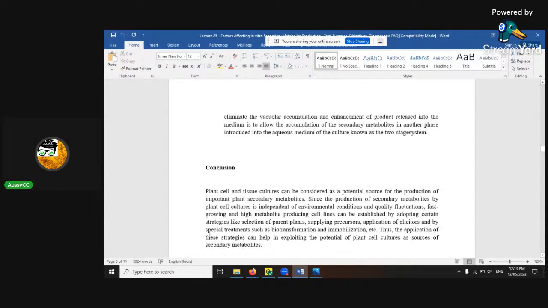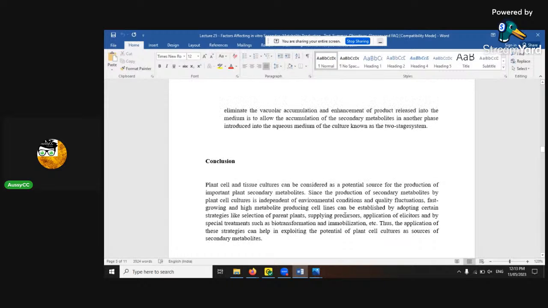Thus, the application of these strategies can help in exploiting the genetic potential of your medical cannabis plants as a source of secondary metabolites. Cool.